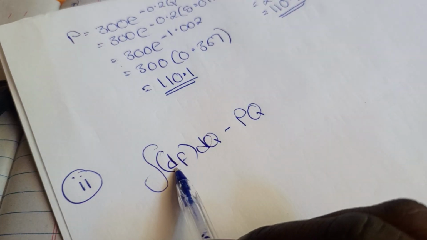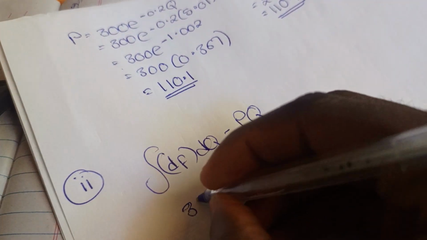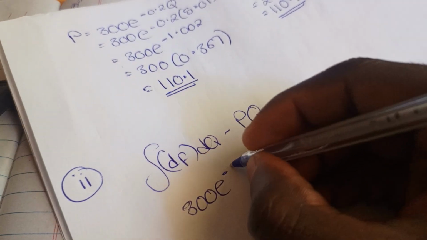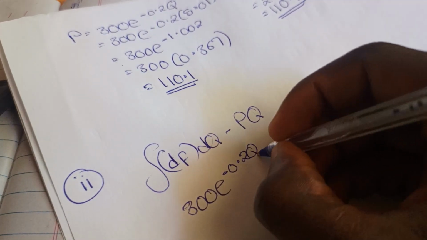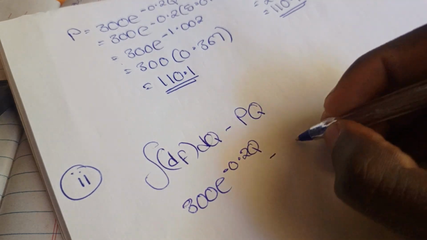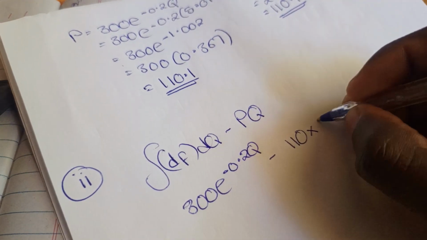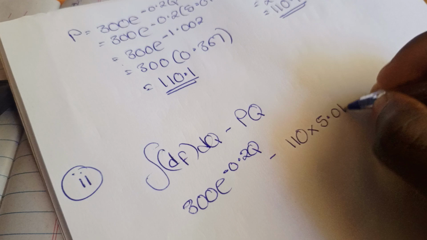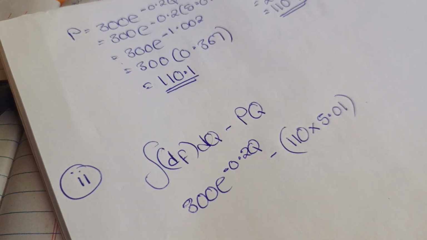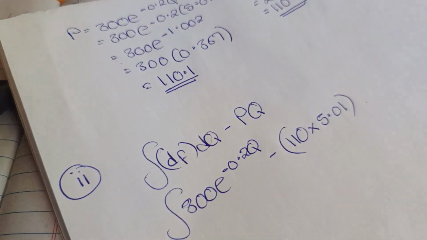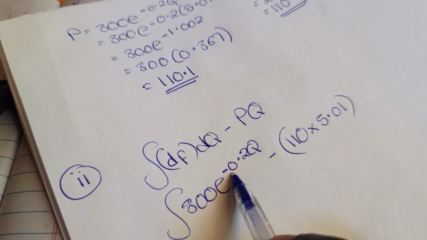Where the demand function in this case is 300e^(-0.2Q) minus, where remember P is 110 together with Q, which is 5.01. Then you know the integral of 300 exponent, remember you will differentiate this.